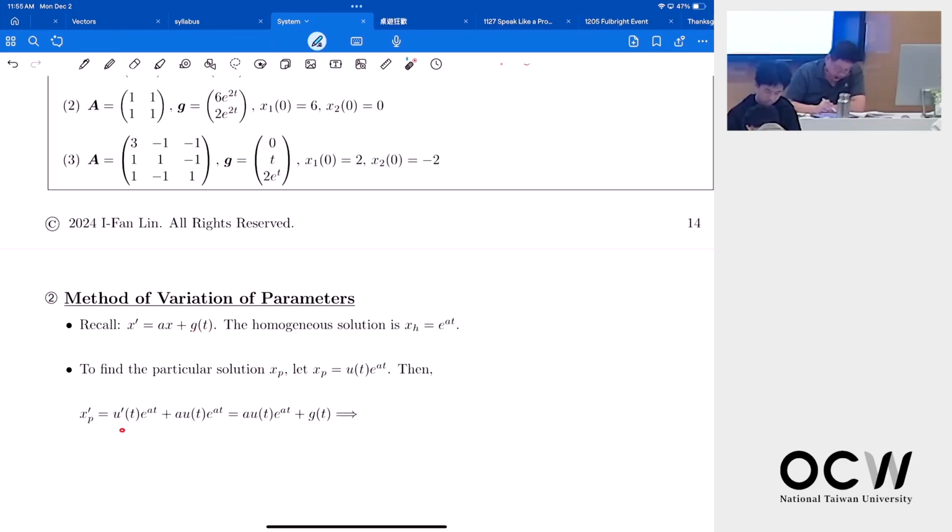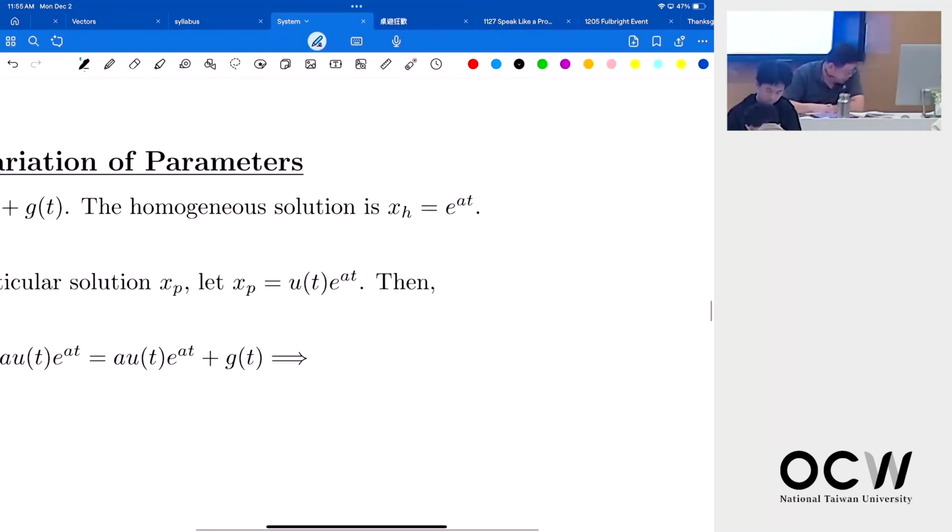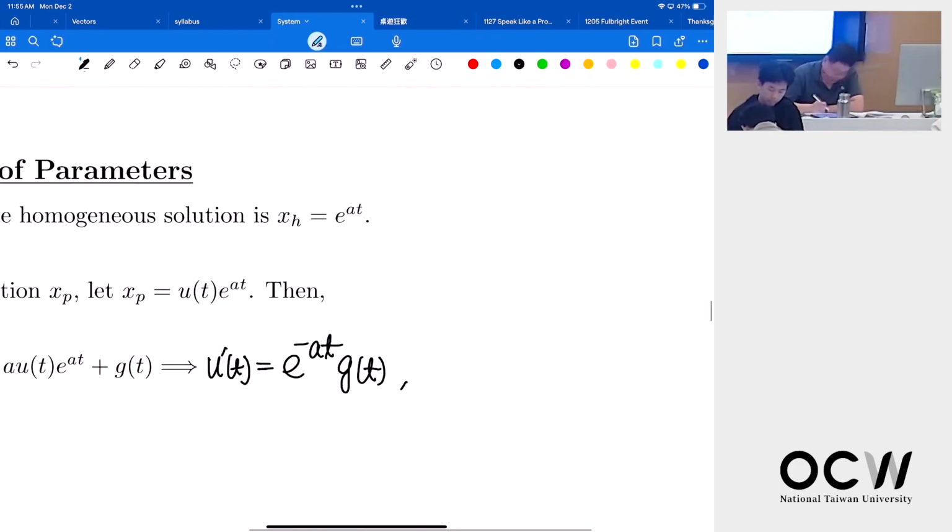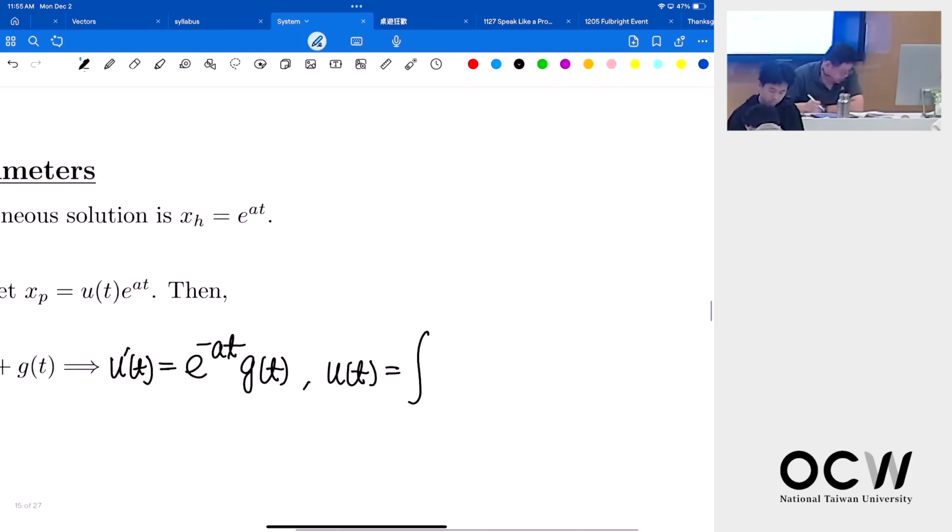Then we can get u prime, because u prime is e to the minus at times the function g, and then for u, you can take the integration of e to the minus at g(t) dt.